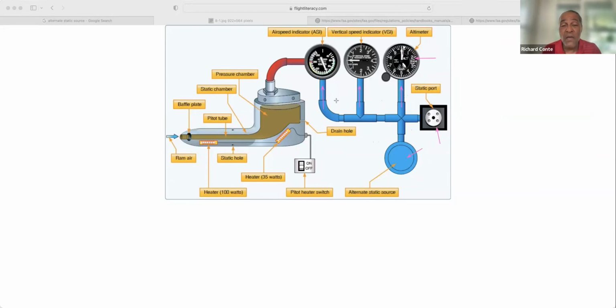Your VSI may constantly read a climb of 50 feet per minute, which is equal to 0. But at least you understand what's happening, and you know how to fix that. Or at least, the most important part, you know what to tell the mechanic, the symptoms. That way it helps him troubleshoot what the issues are. Does that make sense?